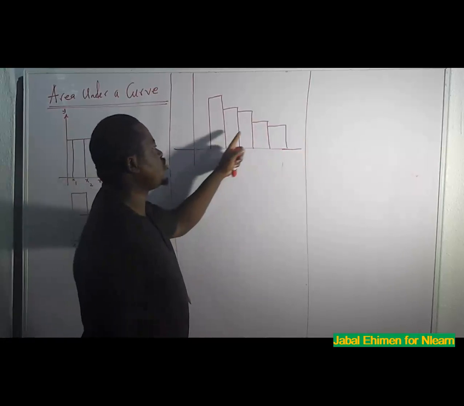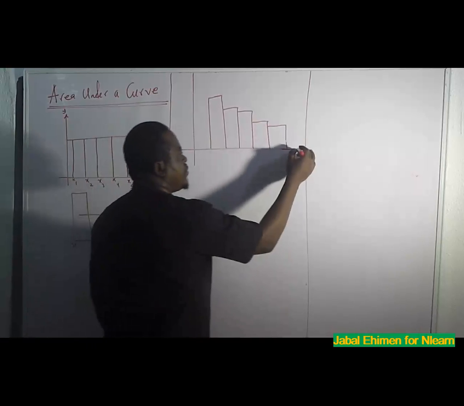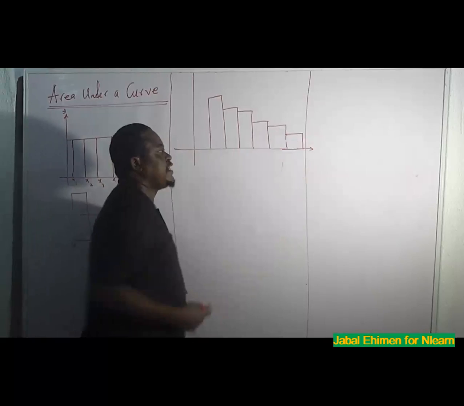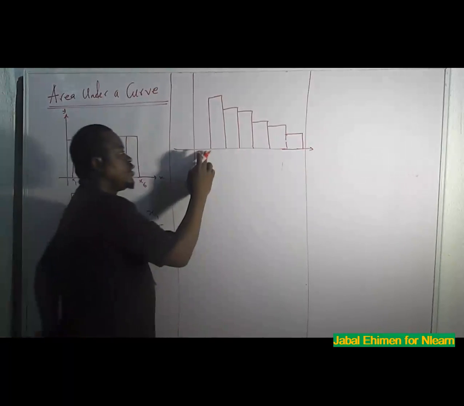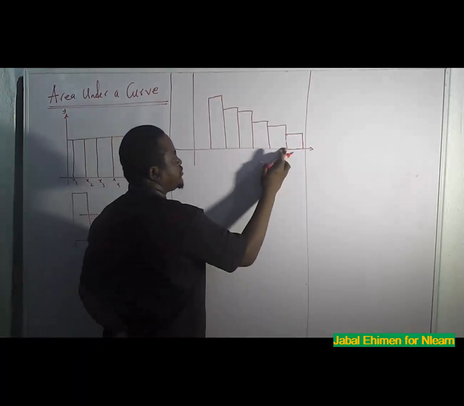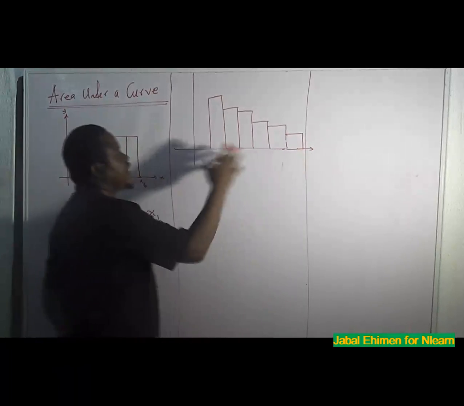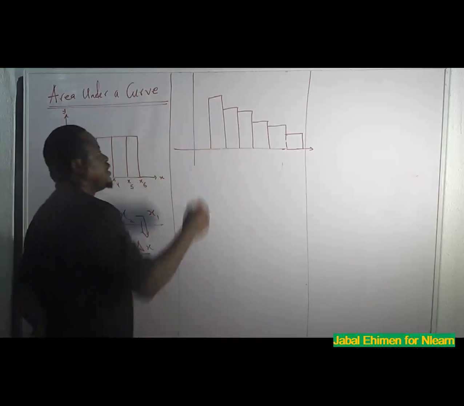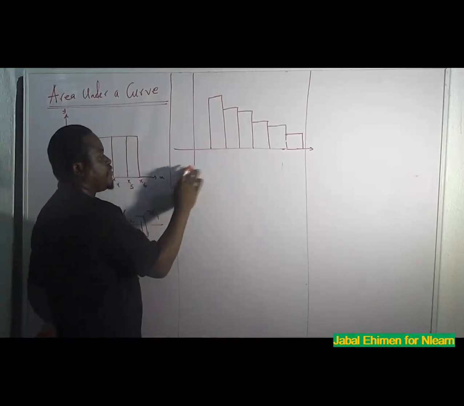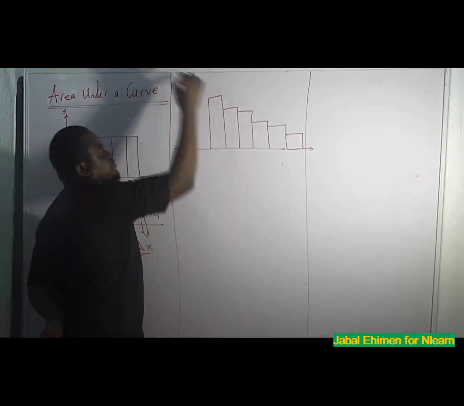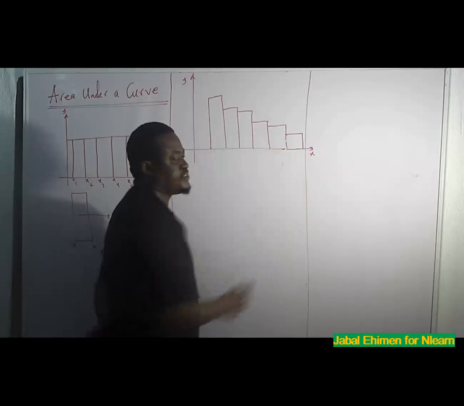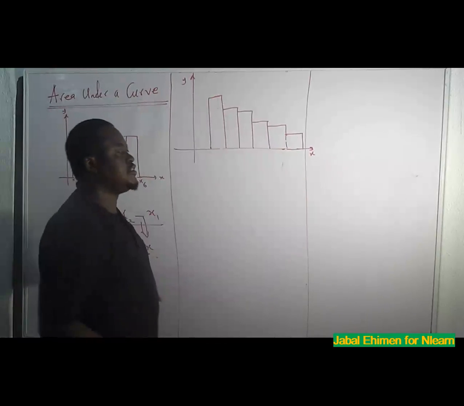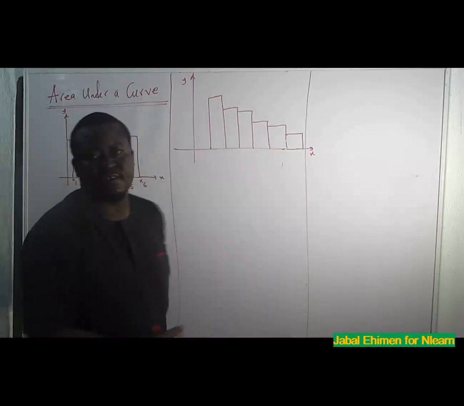Now, 1, 2, 3, 4, 5, and probably I have the last one, which is the sixth one. Now if I decide, I can look at the points here: 1, 2, 3, 4, 5, 6, 7. If I look at these points, it's easy for me to say that at this point I'm having a value of the y-axis and this value here is the x-axis. Now it's easy to calculate the area under this graph.